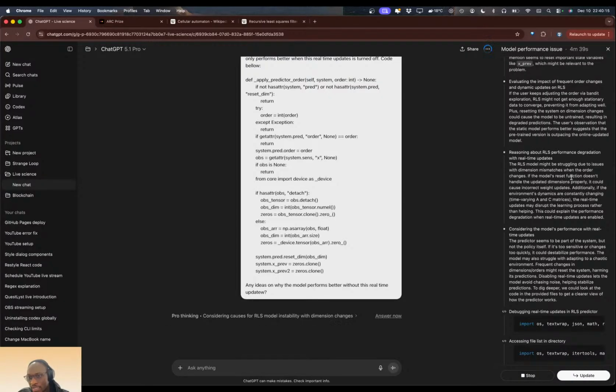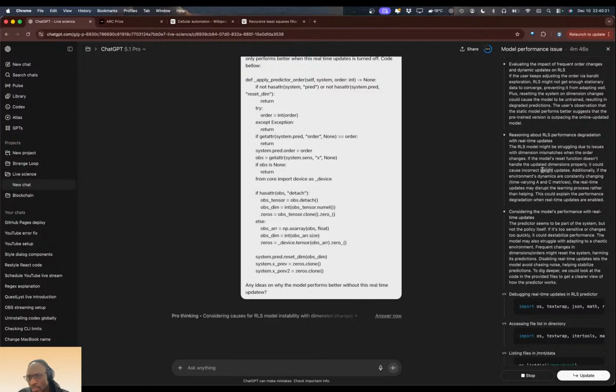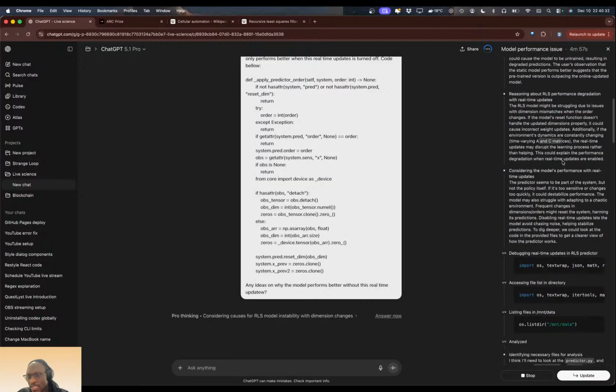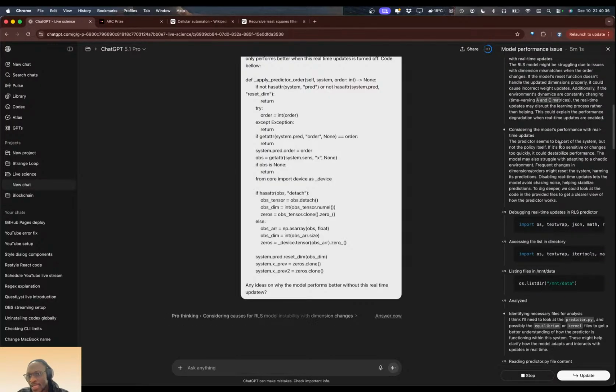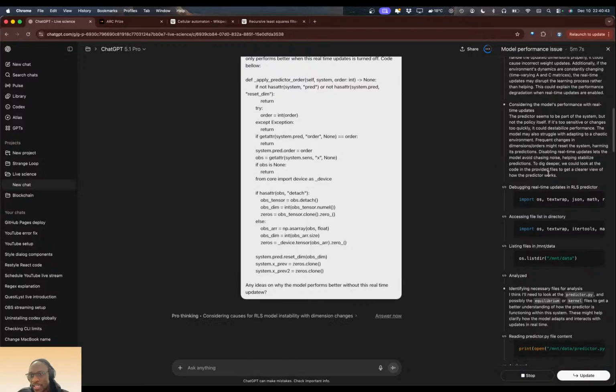If the model's reset function doesn't handle the updated dimensions properly, it could cause incorrect weight updates. Additionally, if the environment's dynamics are constantly changing, time varying A and C matrices, the real-time updates may disrupt the learning process rather than helping.